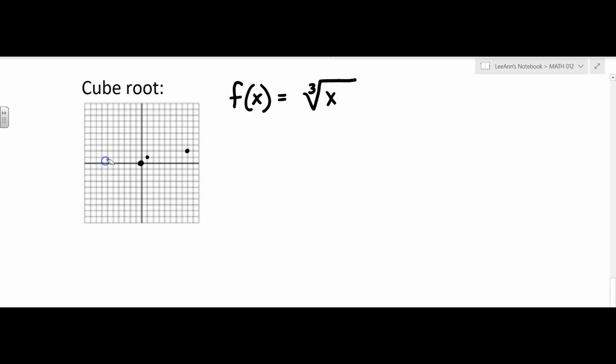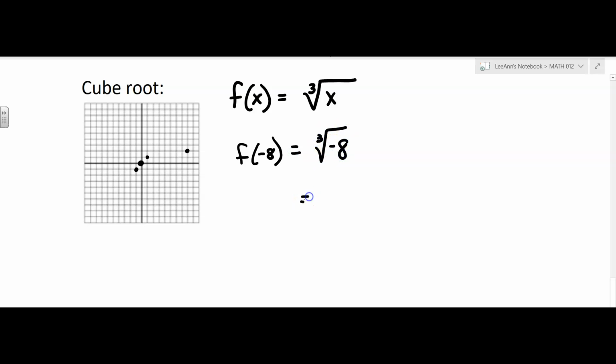Let me get that little point out of the way. You could put in negative 1, the cubed root of negative 1 is negative 1. And then you could put in a negative 8. If you put in f of negative 8, let me write this one out, you'd have the cubed root of negative 8.